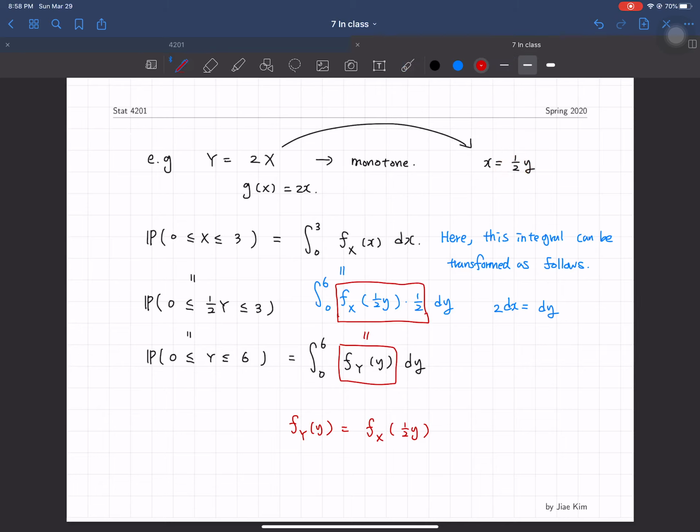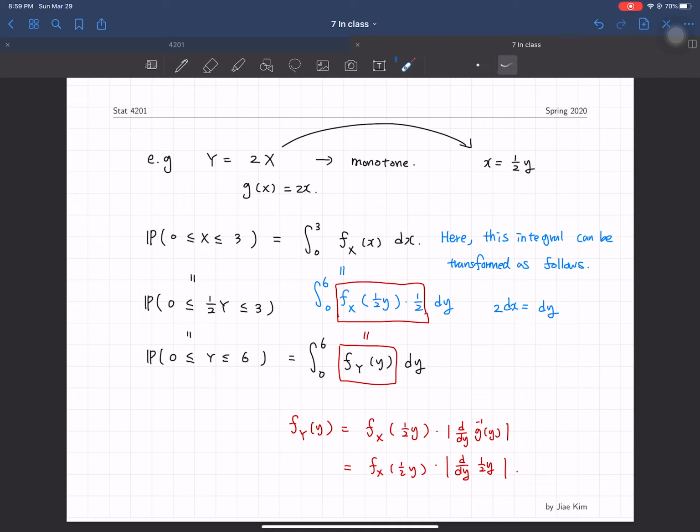So that half corresponds to d dy of the inverse of g, which is indeed, in this case, half of y. So that's it.